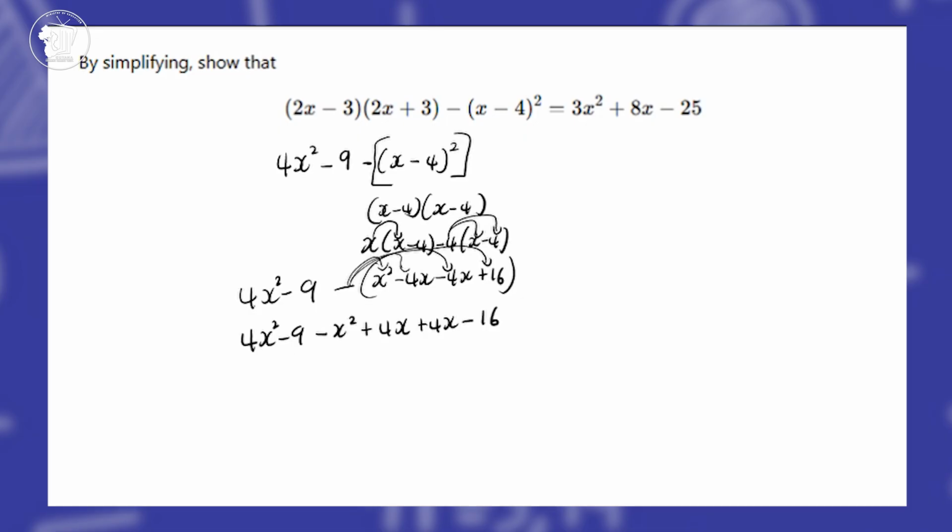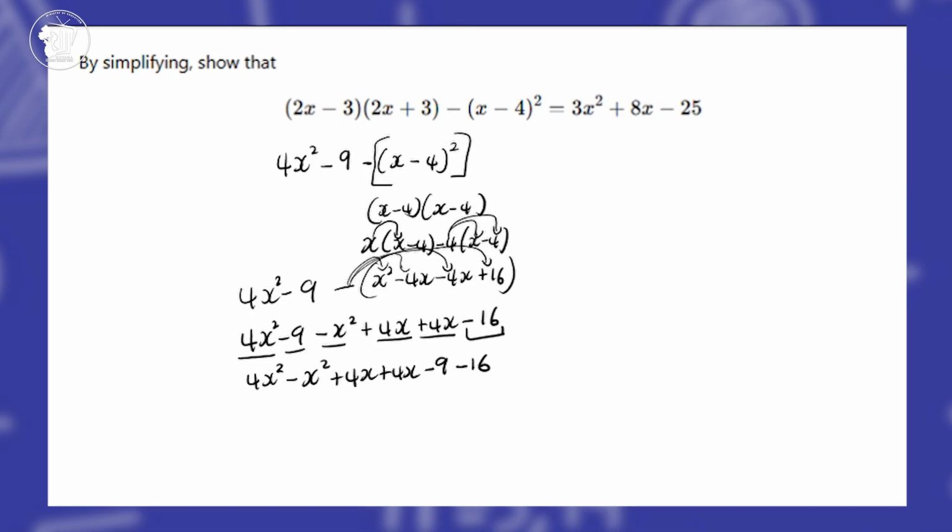And then we put the like terms together now. This will be 4x² - x², all the terms with x together, plus 4x plus 4x, and then we have -9 and we bring back the -16.